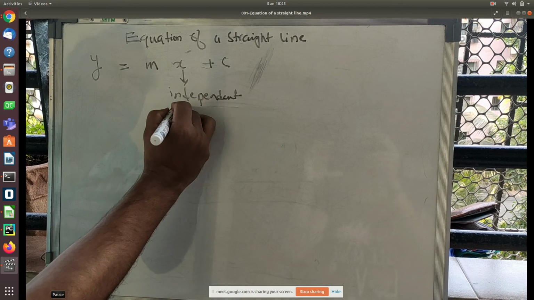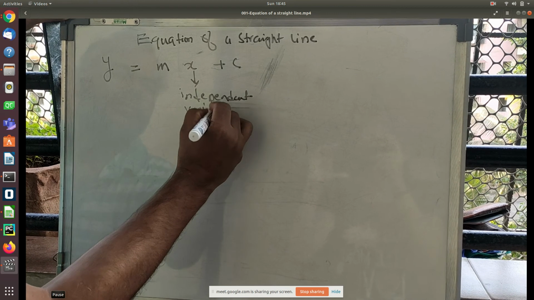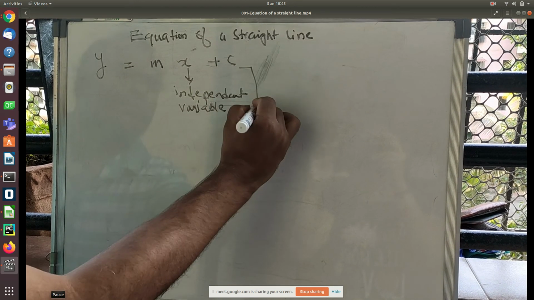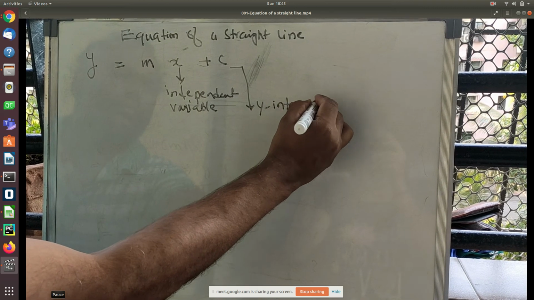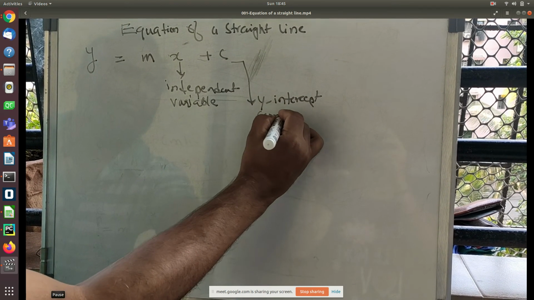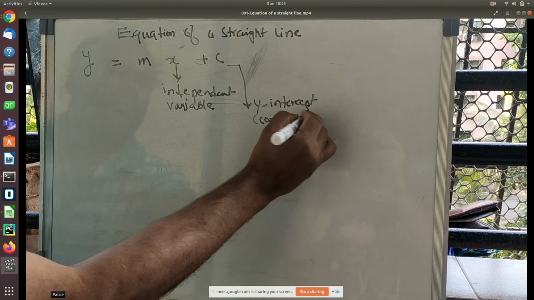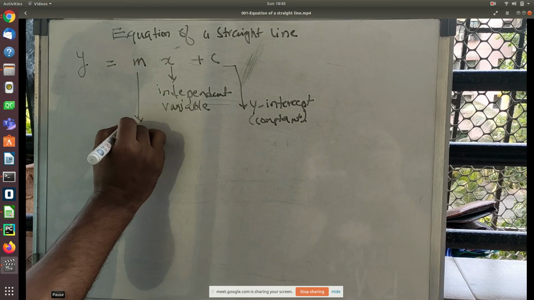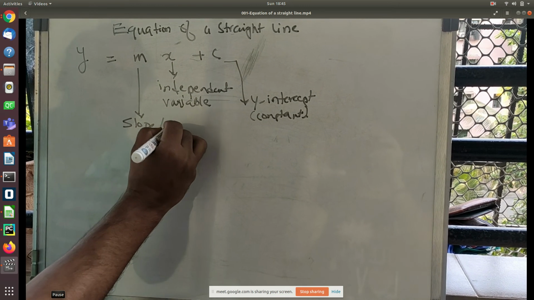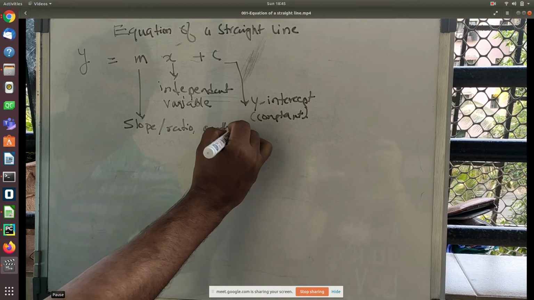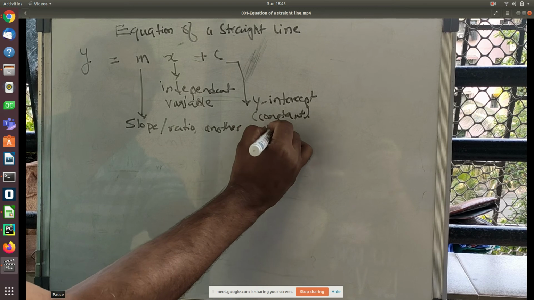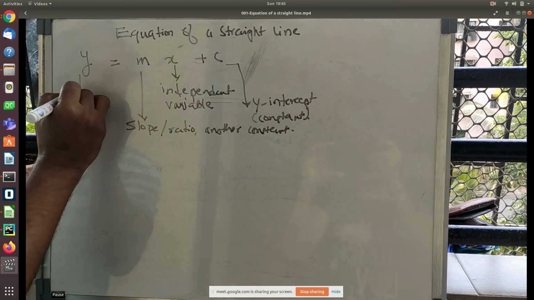You will get a Mercedes Benz from me, which runs on a battery. We already said when x is equal to 0, whatever value y takes, it is c. And that has no role in my slope. This is the slope or ratio. It's also another constant. It doesn't change in linear equations.